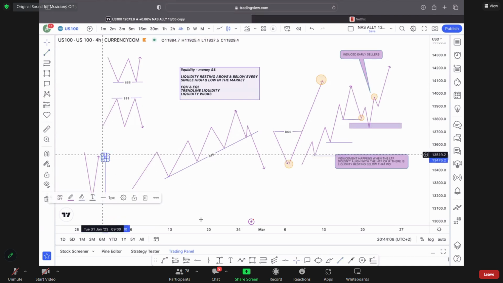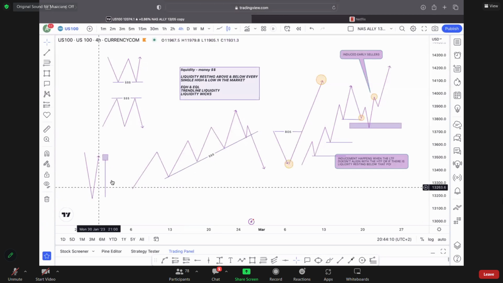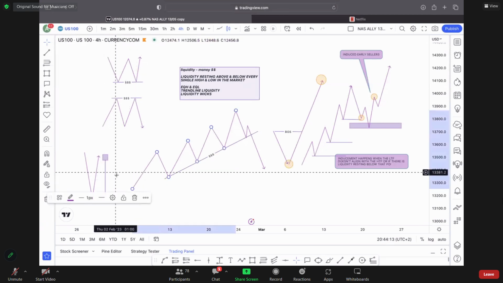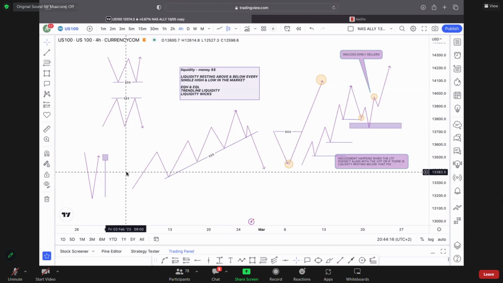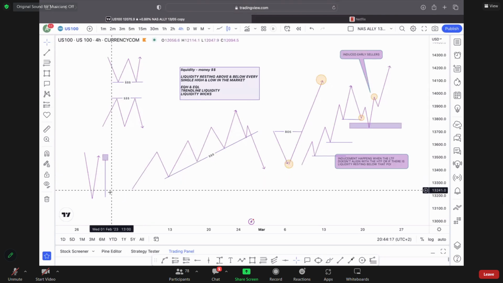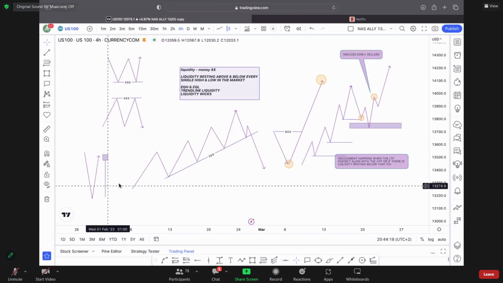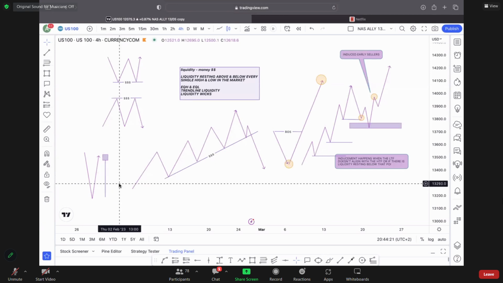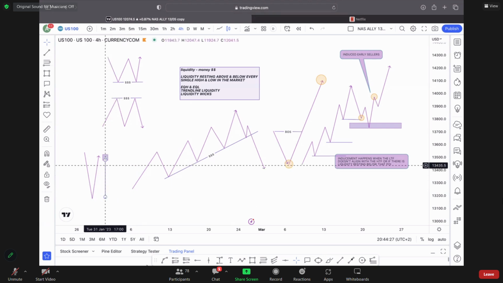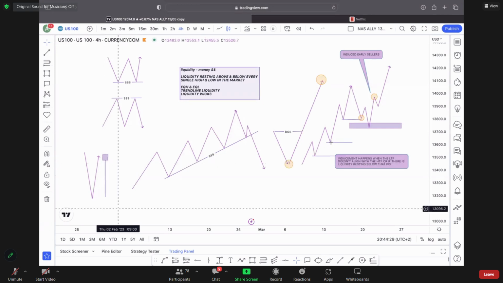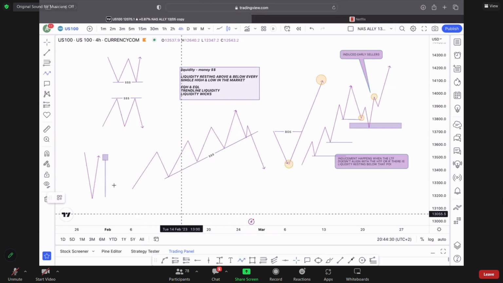If the market leaves a big wick like this, why is there liquidity resting in this wick? Who is involved in this wick? The bulls, the buyers, exactly. So if the buyers are involved in this wick, it's exactly the same as having lows and highs on a fractal structure.